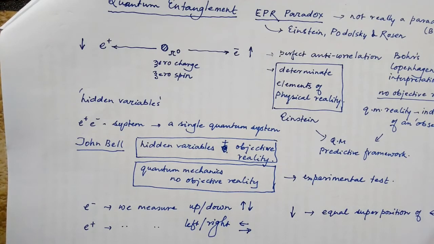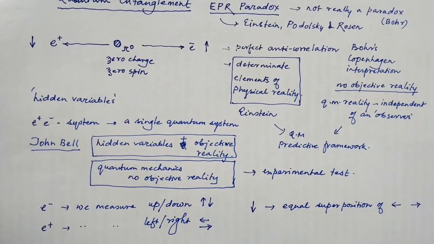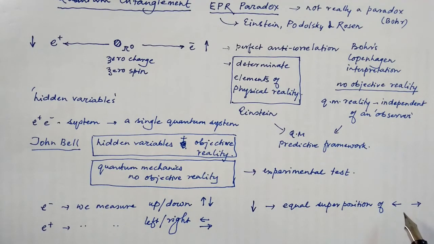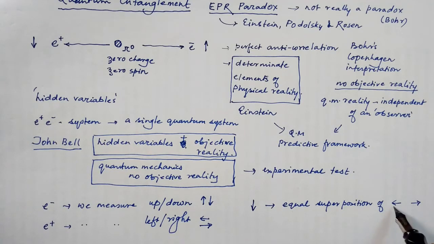So when we make a left-right measurement on the positron, that would yield right or left with equal probabilities. 50% of the time I will get the positron having spin left, and 50% of the time spin right.